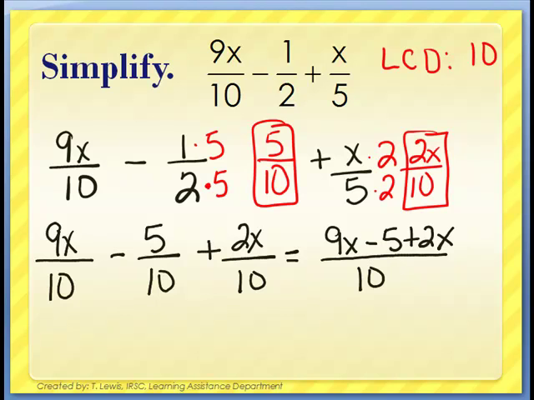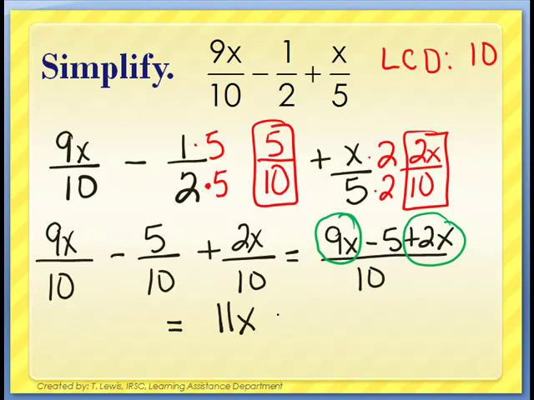We want to here add our like terms. Our like terms, we have 9x and positive 2x. Let's add those together. And 9x plus 2x, we have 11x. The minus 5, we're not adding that to anything.